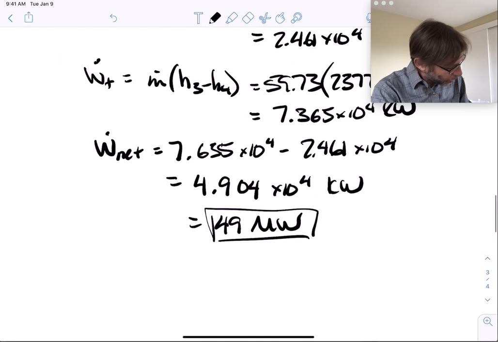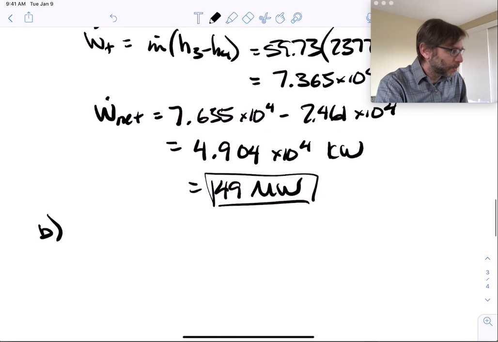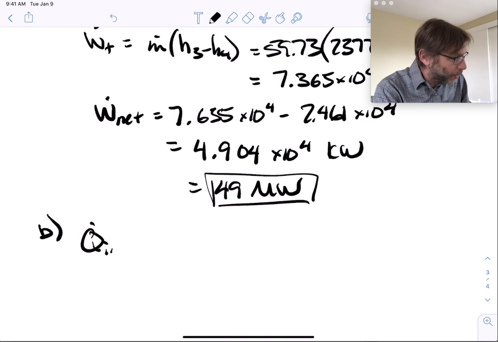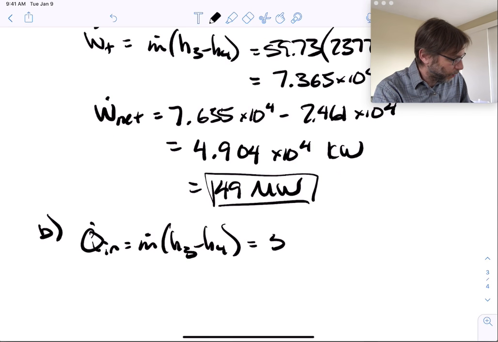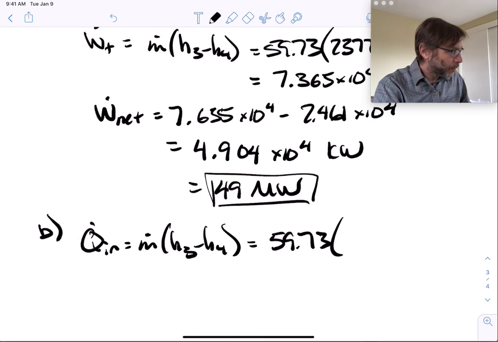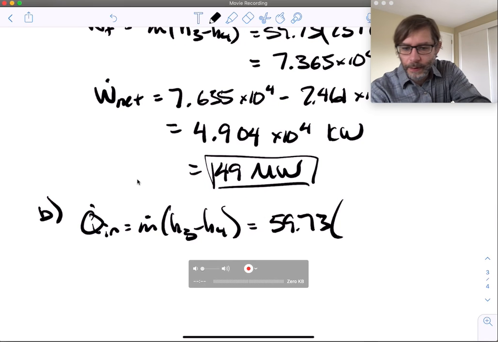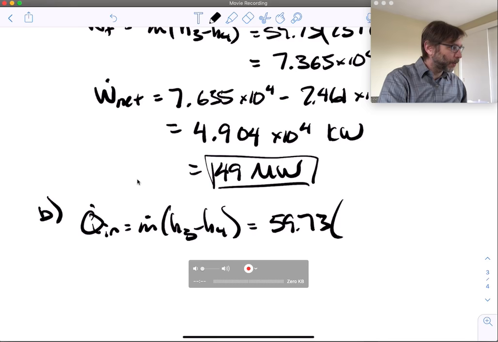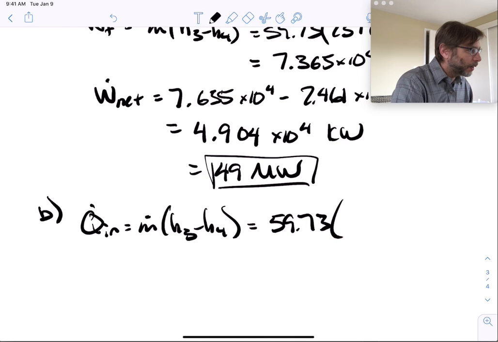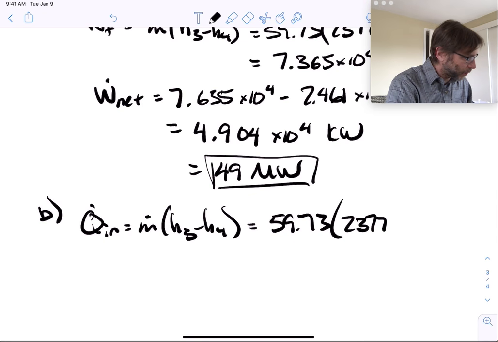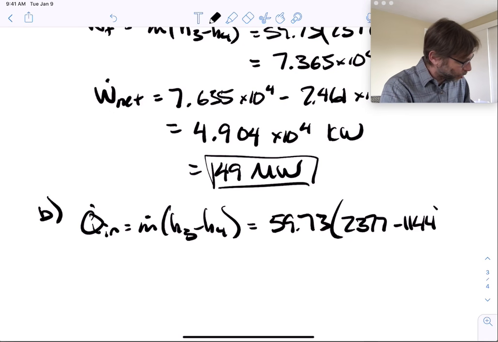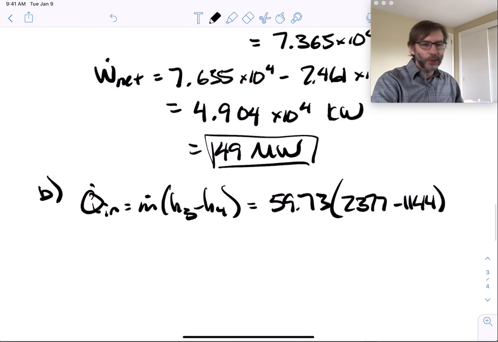Okay, so part B is to find Q in. So Q dot in is equal to m dot (h3 minus h4), which is equal to, as we know, 59.73 times, what are we doing times? Oh, perfect. 59.73 times 2377 minus 1144, which is the h3 minus h4. So once you get to this point and you have the h's, this is really not that difficult, right?